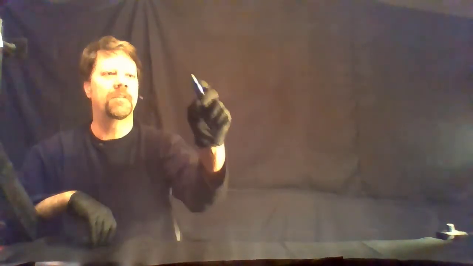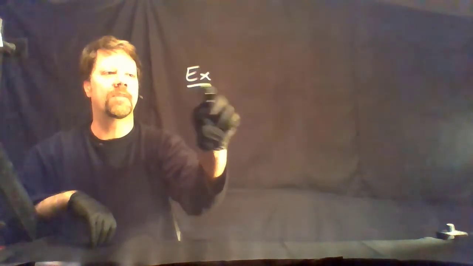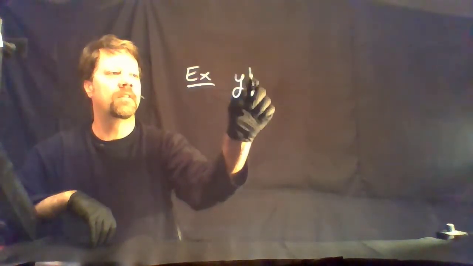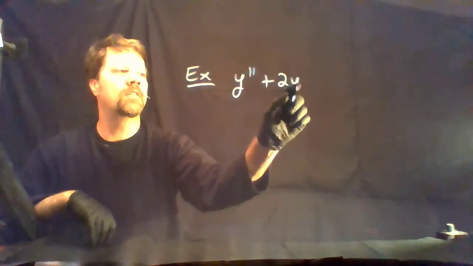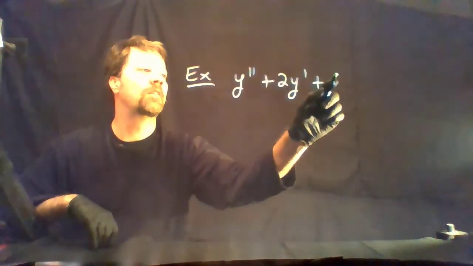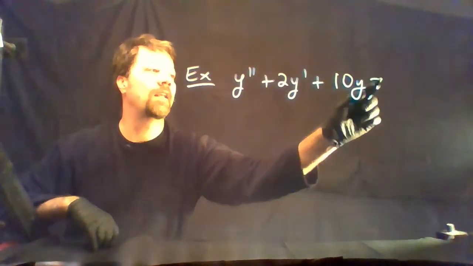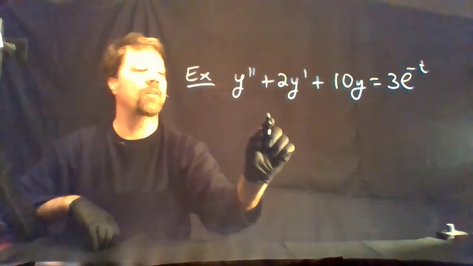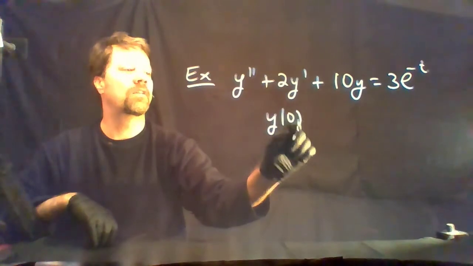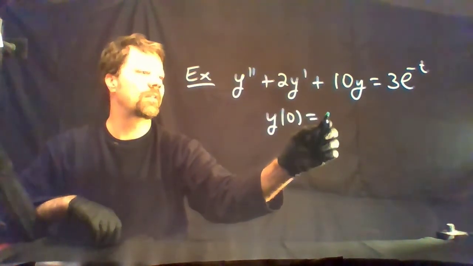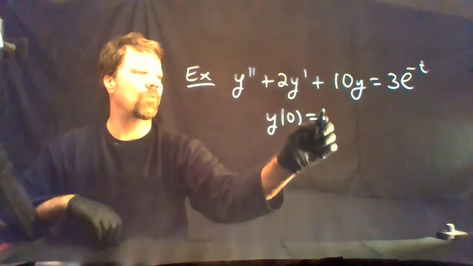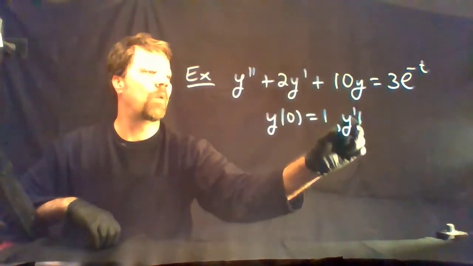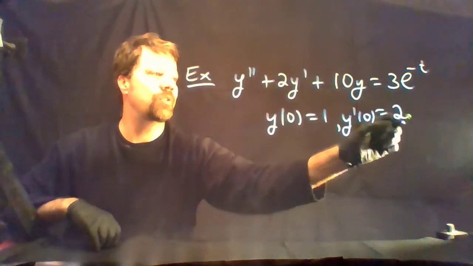As an example, for an application of these formulas, consider the differential equation y double prime plus 2y prime plus 10y equals 3 e to the minus t, with initial conditions y of 0 equals, let's say 1, y prime of 0 equals 2.